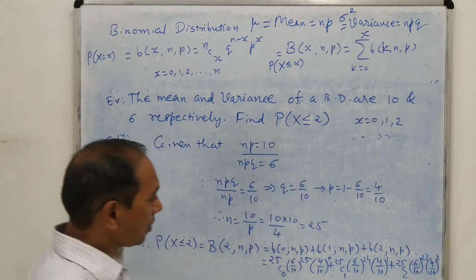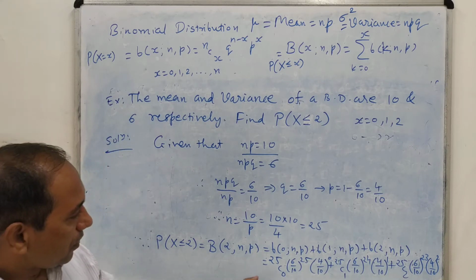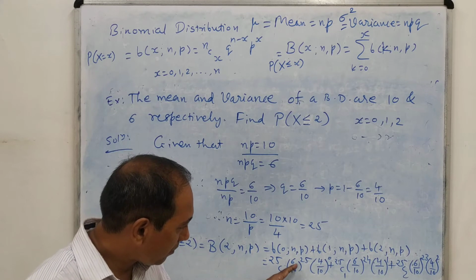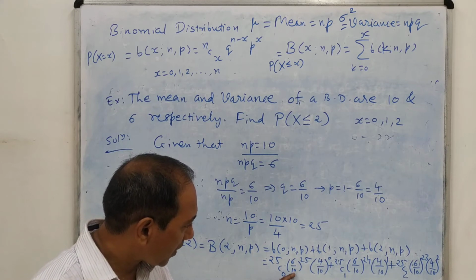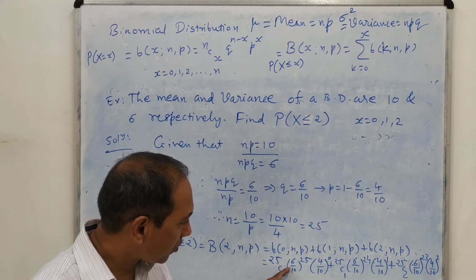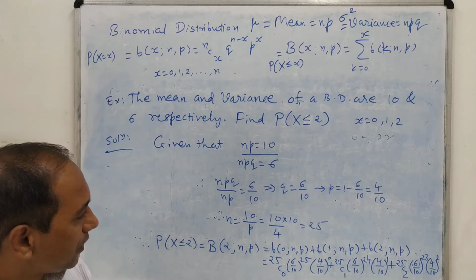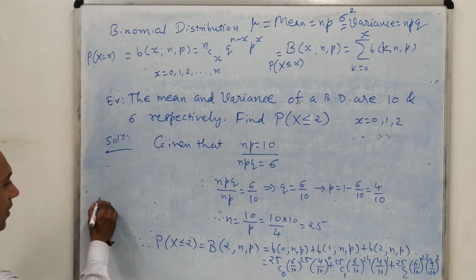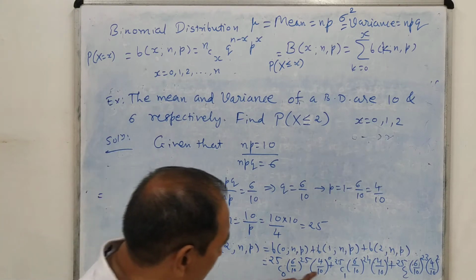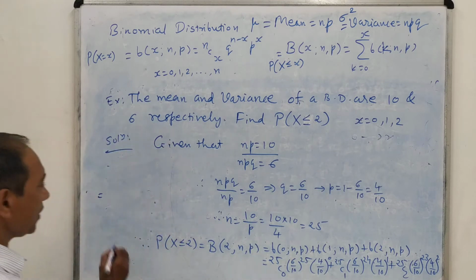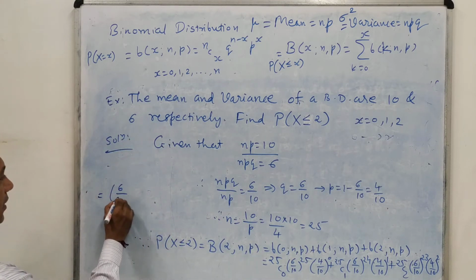Actually if we find these values directly, it will take too much time, because 6 by 10 is 0.6 and we would need to multiply 0.6 by itself 25 times. So instead, we can see that 6 by 10 raised to 23 is the lowest power among the terms, so we can take it as common.